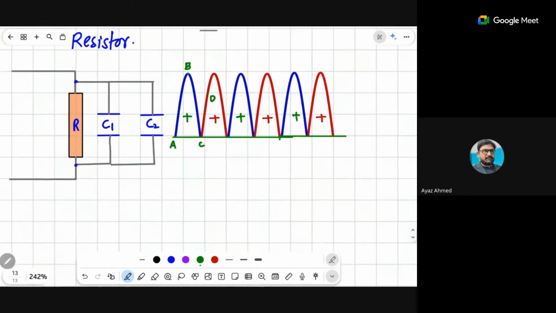So from A to B, the capacitor is charged.